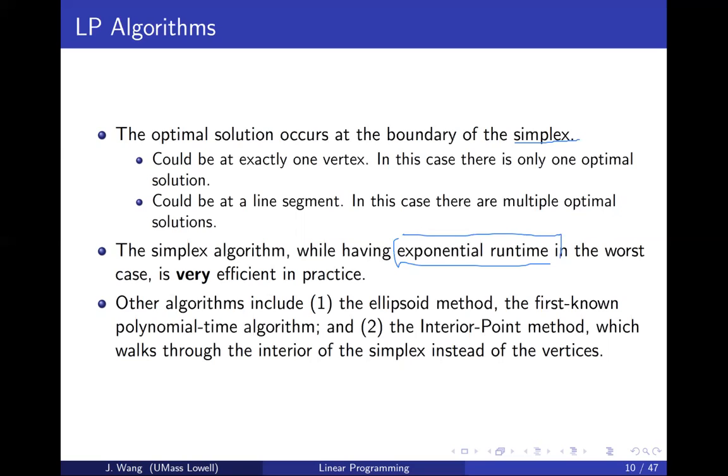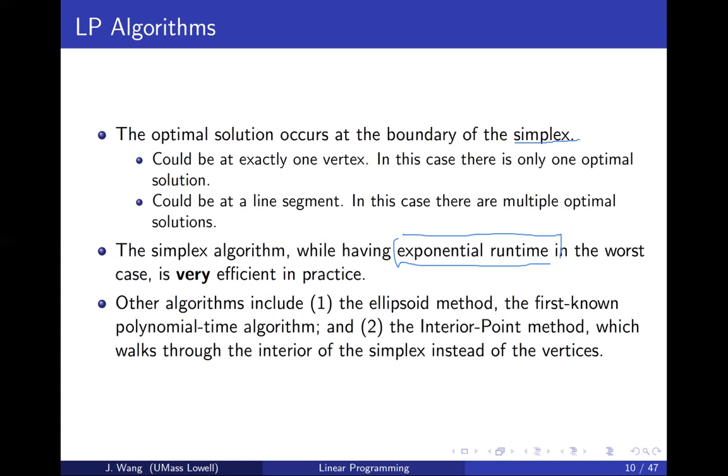For any natural problem that we have encountered in practice for all these years, right? So hundreds of years, this simplex algorithm always works efficiently for those problems. But of course, the simplex is still not a polynomial time algorithm, even though in practice it is fast.